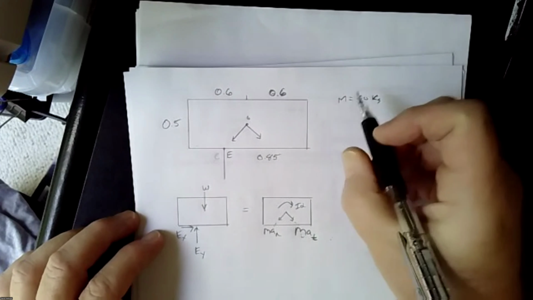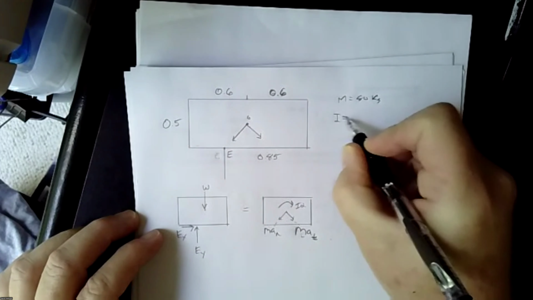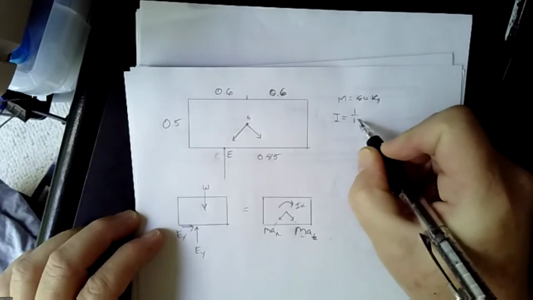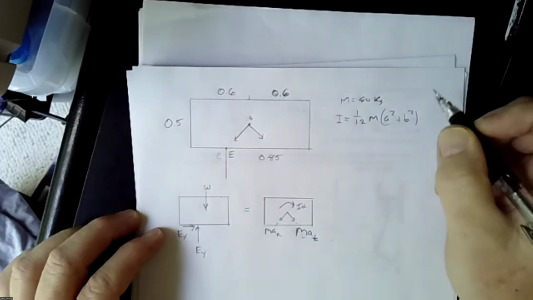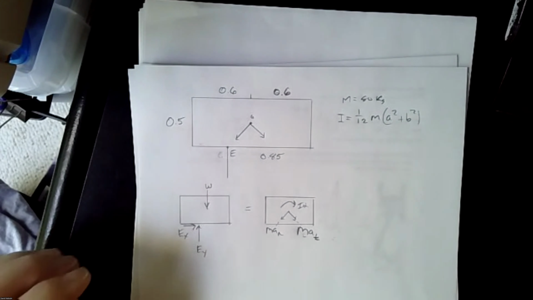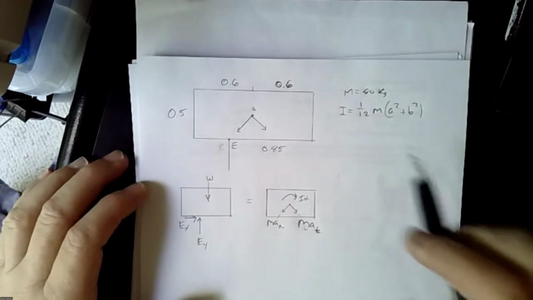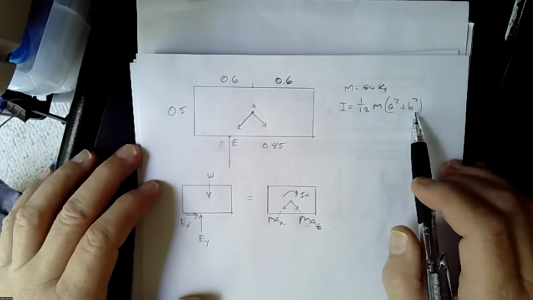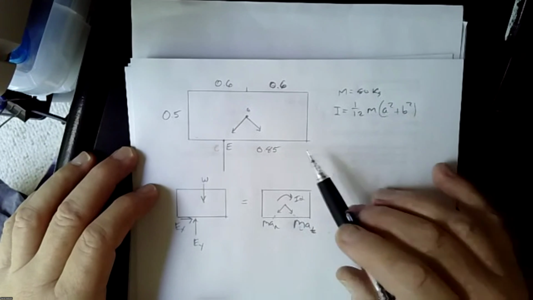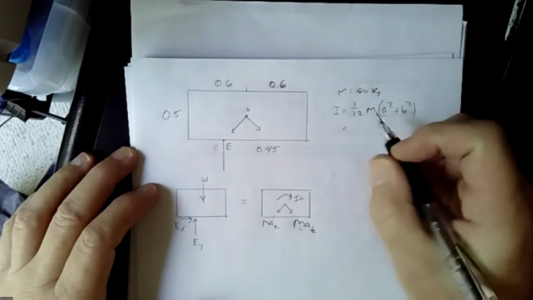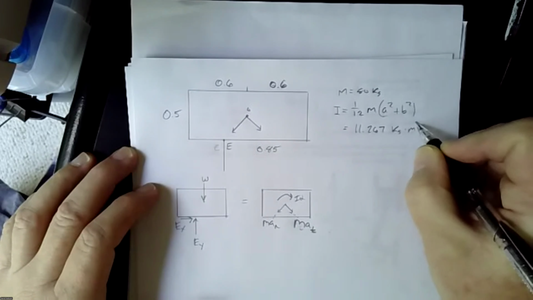It turns out that for any box or rectangle, I is equal to 1/12 m times a squared plus b squared, where a and b are just the sides of the rectangle. As you can see, unlike in the area moment of inertia, for the mass moment of inertia it doesn't matter which you make a and which you make b. So if I plug in the respective 1.2 and 0.5, I get 11.267 kilogram meter squared. So now I have that.